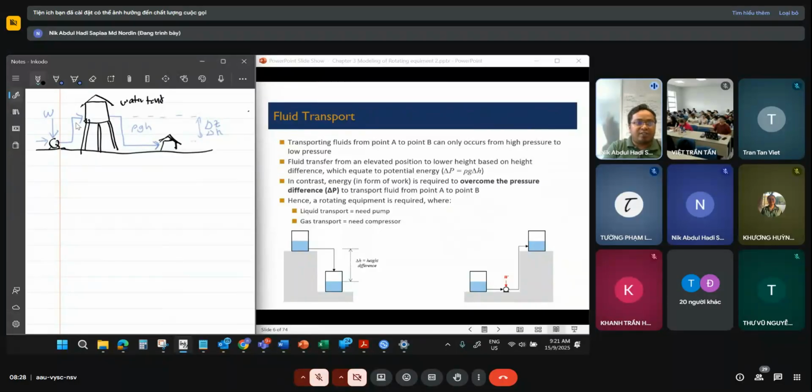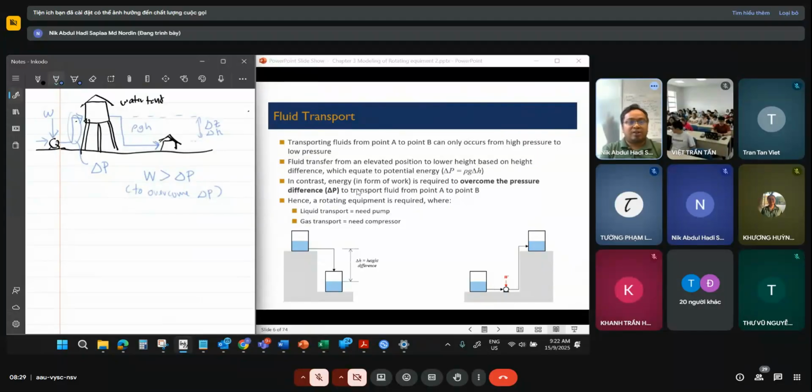Keep in mind that at this location, we also have the delta P. So how much work should we supply to our pump so that it can put the water inside our tank? We should supply work more than our delta P, or to put it simply, work to overcome our delta P here, to overcome the pressure difference.